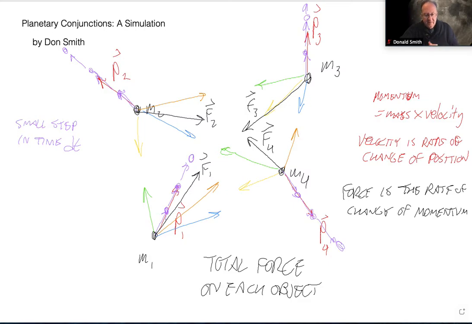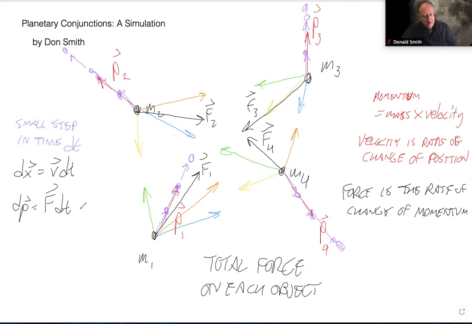So I can do a similar game to what I did with velocity. I know that momentum 3 is pointing up here. I take the force and I multiply it by dt, and I get the change in momentum. So dp is equal to F dt, just like d position was equal to velocity dt.